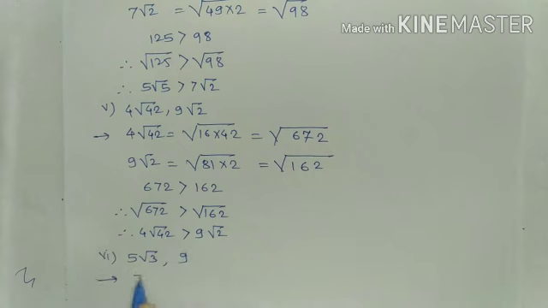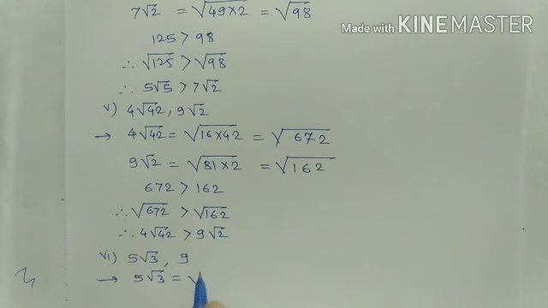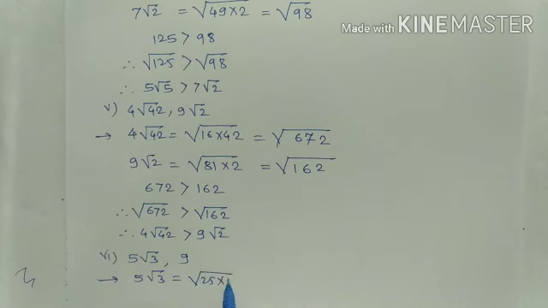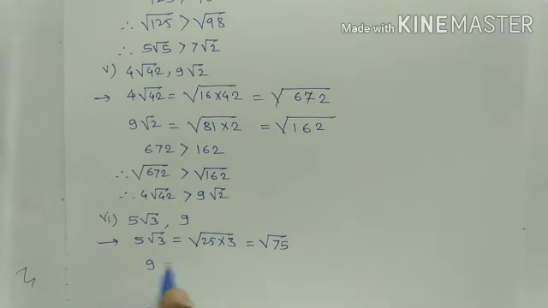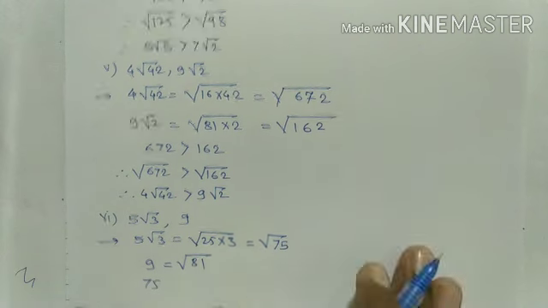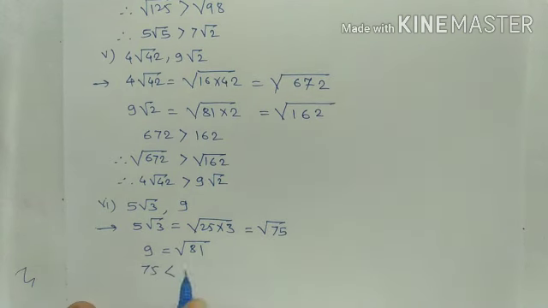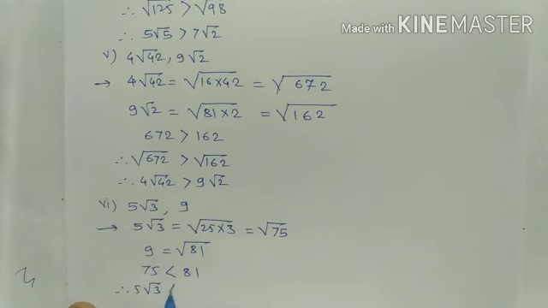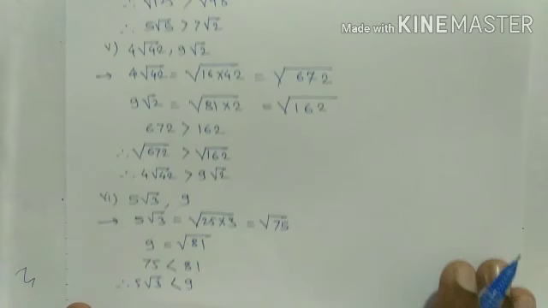Here this 5 root 3 equals 25 into 3, that is equals root 75, and this 9 equals root 81. Here 75 is less than 81, therefore 5 root 3 is less than 9.